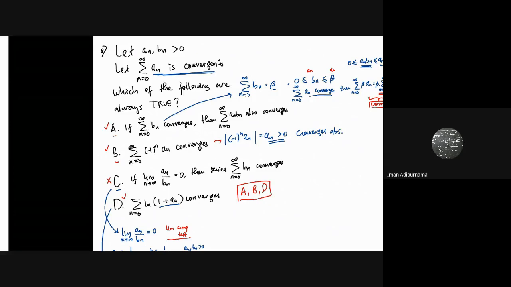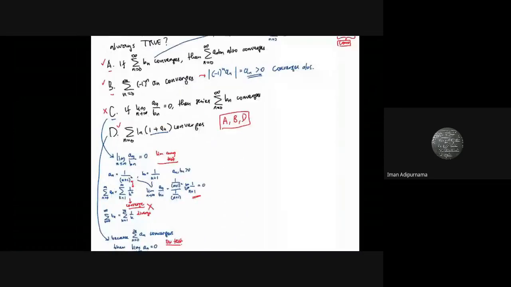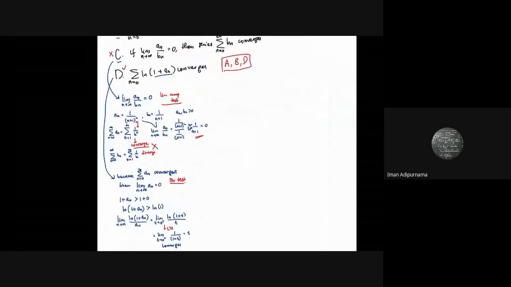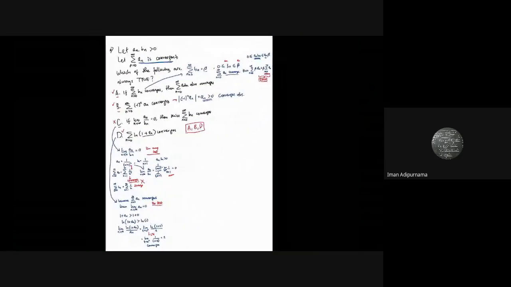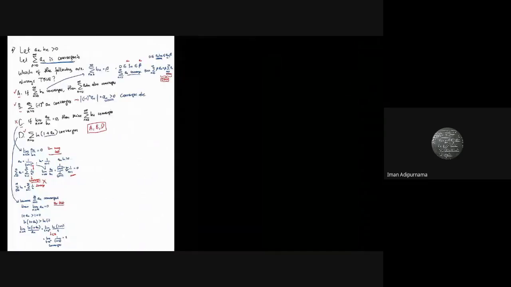Okay, next example. Let me move one page from here. Don't worry about the notes. I will attach the recording. So the next question is, maybe I'm giving you two questions.